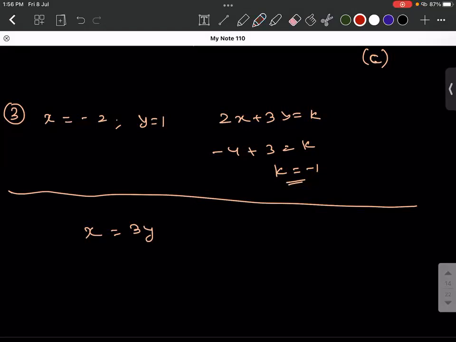Now what they did is, they took the cost of a bat to be y. If the cost of bat is y and the cost of ball is x, can I write y is equal to 3x? Which implies 3x minus y is equal to 0.